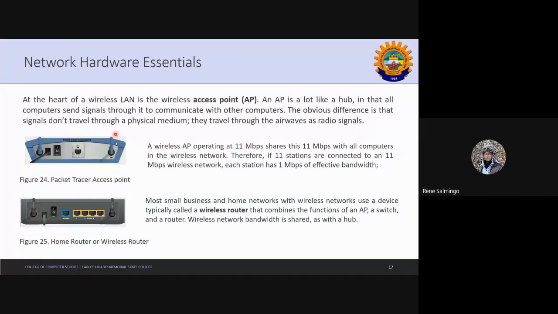If you connect this to this, you will be able to extend your wireless signal. If you have another room that doesn't receive wireless internet, you could use a wireless access point or repeater to extend or repeat the signal itself.